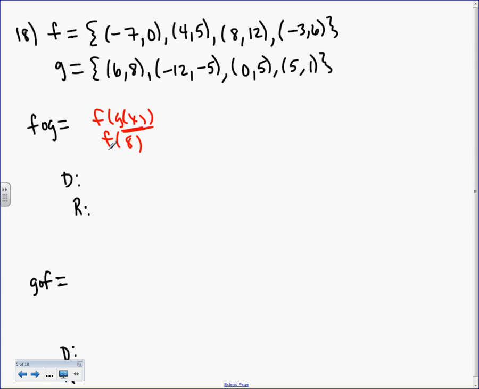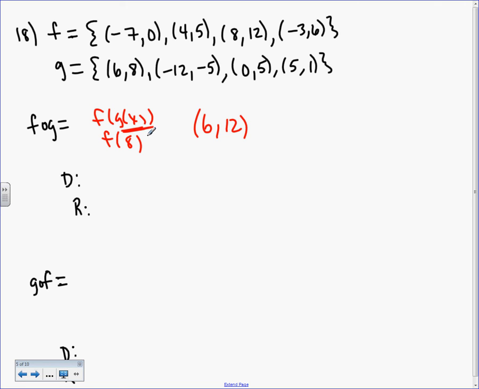On f, it usually says f of x, right? So on the f function, I'm going to check all the x values, looking for an 8. No, no, yes. What did 8 give me? 12. I started with 6 and I got 12. Let me do it again. You have to start with the g and you have to start with an x.